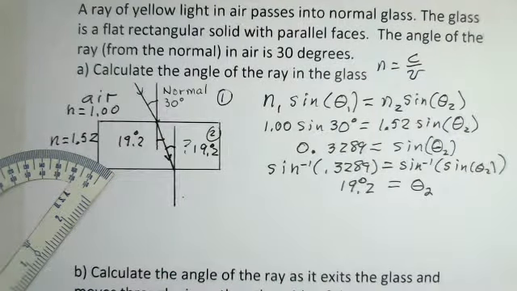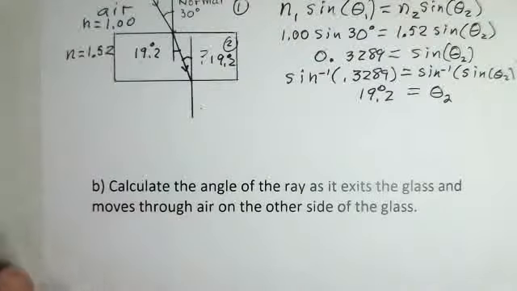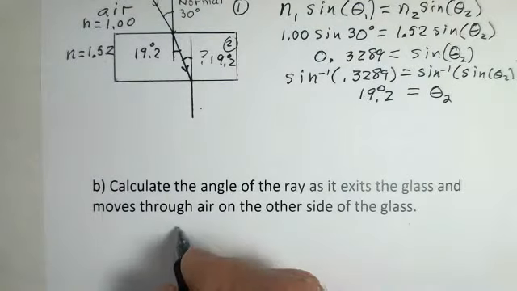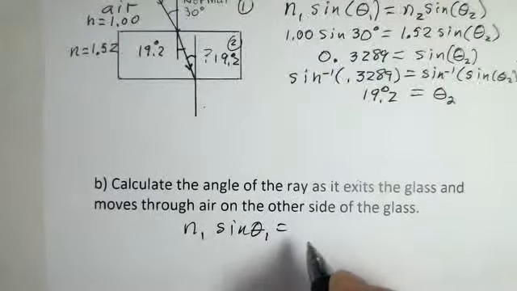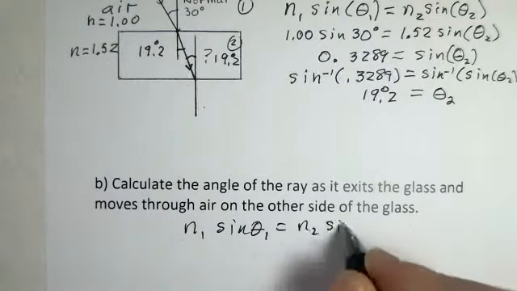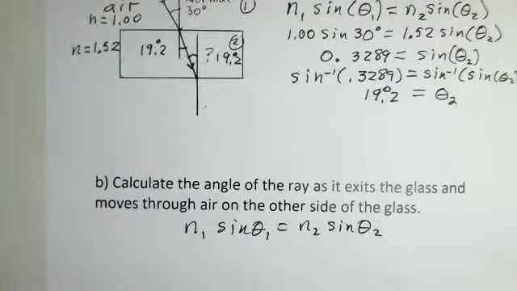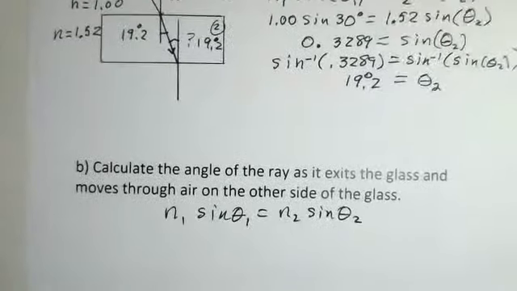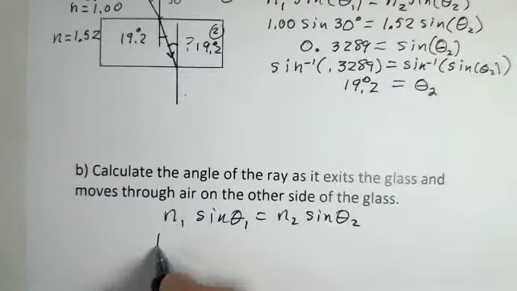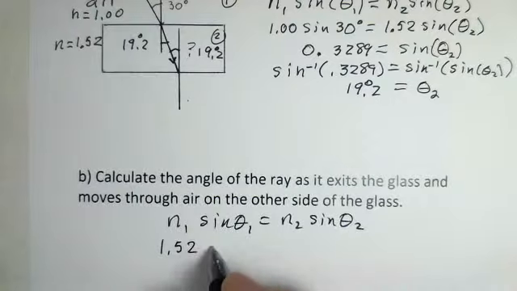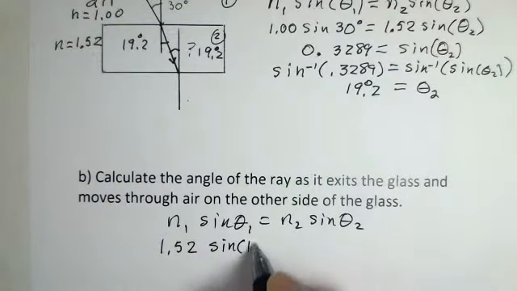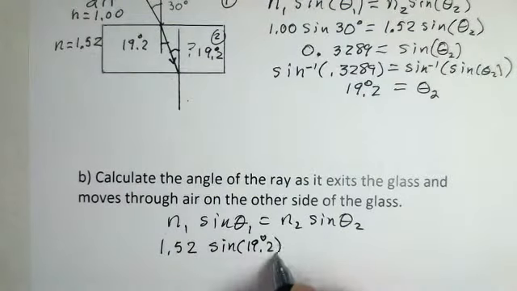So in my calculation now, I'm in the glass to start with, so I'm again using n1 sine theta 1 equals n2 sine theta 2. And my first medium is inside the glass, so I'm going to go ahead and pick up 1.52 for the index of refraction of the glass. Sine of 19.2 degrees.